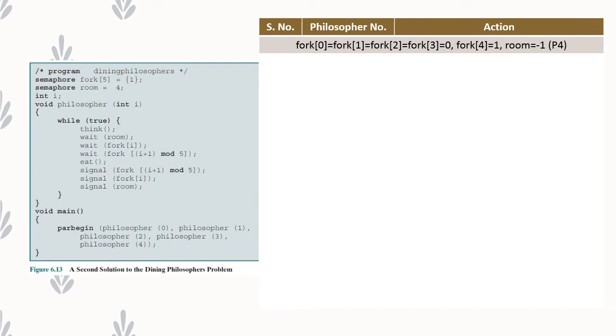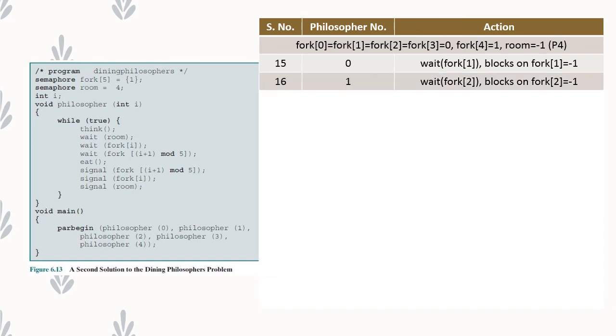Continuing the trace, fork 0, fork 1, fork 2, fork 3 are 0, fork 4 is 1. The room semaphore is -1 and philosopher number 4 is blocked on it. Philosopher 0 waits on fork 1 but blocks on fork 1 and fork 1 becomes -1.